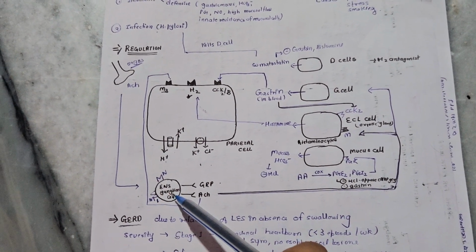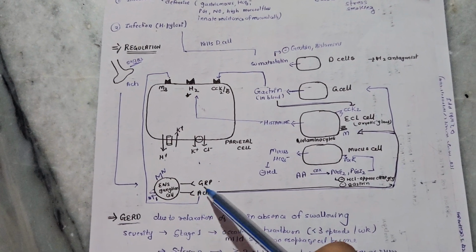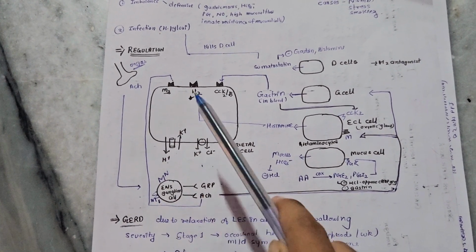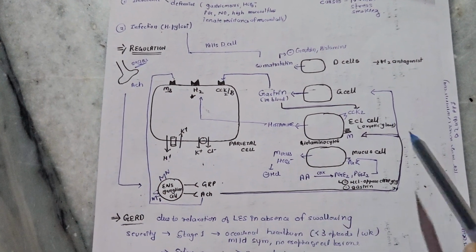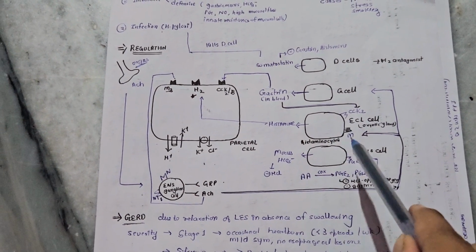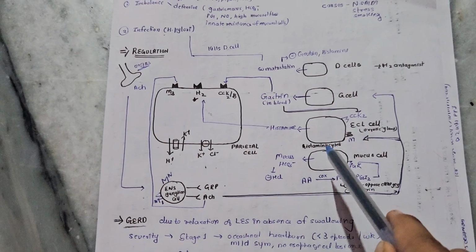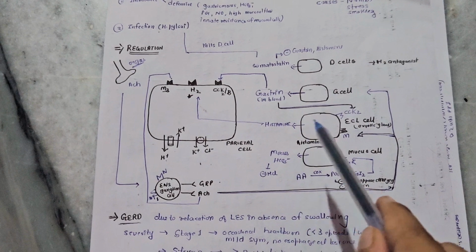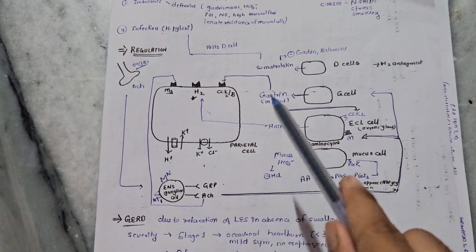Now it stimulates this. It causes release of gastrin-releasing peptide and acetylcholine. Acetylcholine can directly act on the M3 receptor, or it can bind to the muscarinic receptor on histaminocytes. Gastrin-releasing peptide activates the G cell and causes direct release of gastrin.